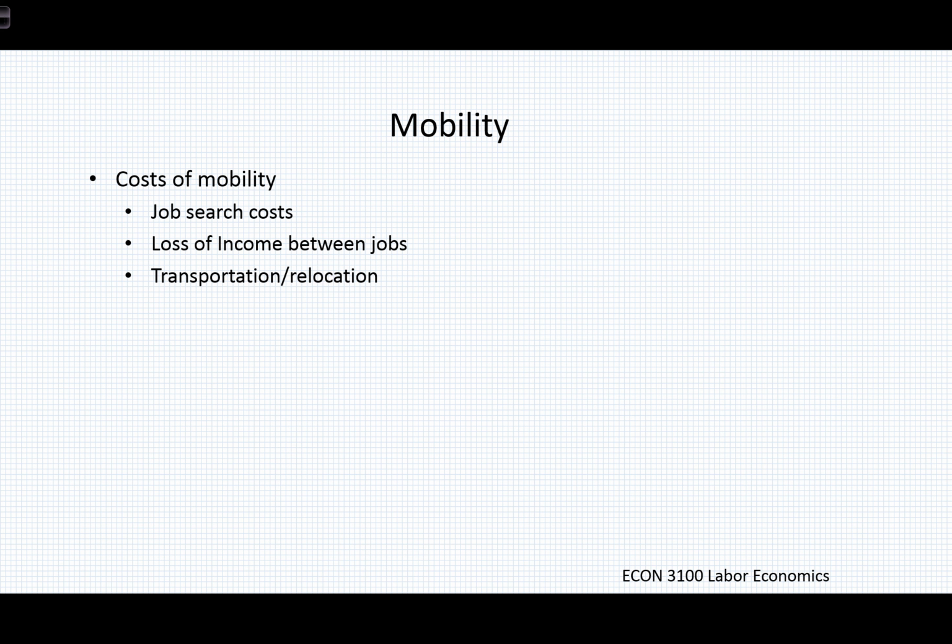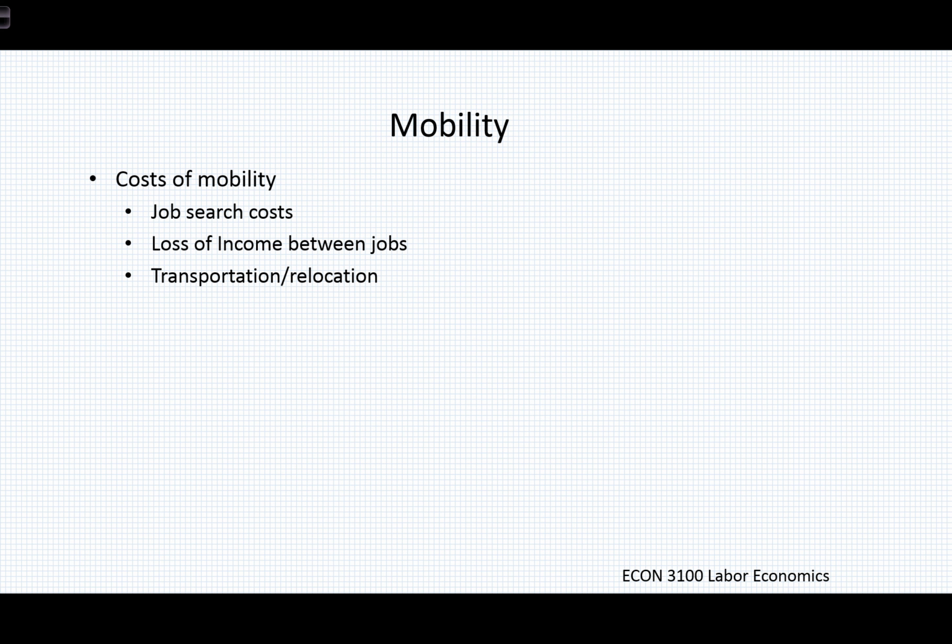So mobility might be going from one job market in a state to another job market. Maybe I'm going from San Francisco to Los Angeles or vice versa, or maybe I'm going from Salt Lake City to Park City. So maybe it's the cost of going from one location in a state to another, or it might be the cost of going from one state to another. So that's just mobility within our state or then within our nation.